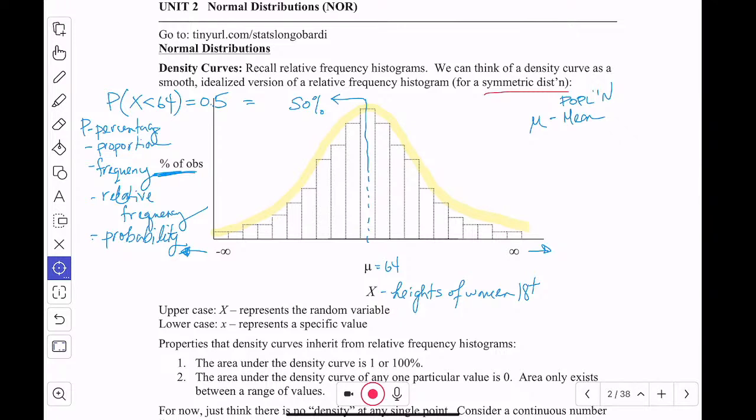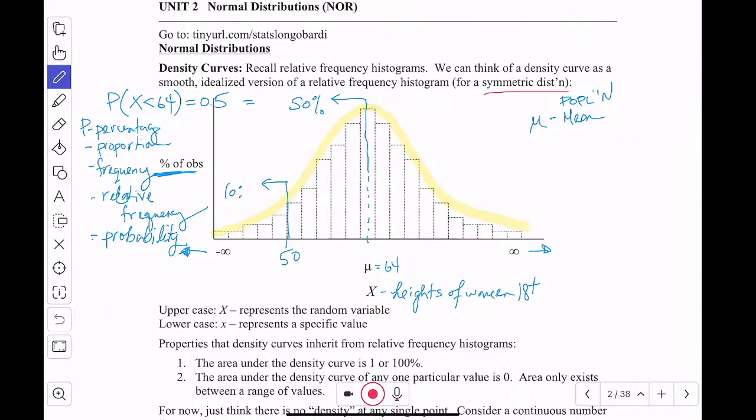So with that, if I marked this here and I said this was 50, how would we write that if I told you that this was 10%?